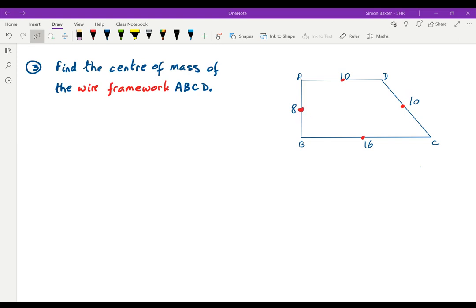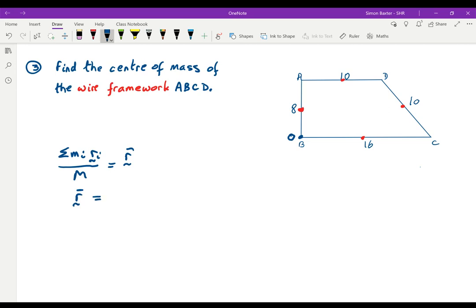Well, in this case, it's very often easier to think of having coordinates. So let's take the origin at B. If we take the origin at B, then sigma m_i r_i divided by the big M is equal to r of the center of mass. So we want sigma m_i r_i divided by the total mass, and we will have the position of the center of mass.